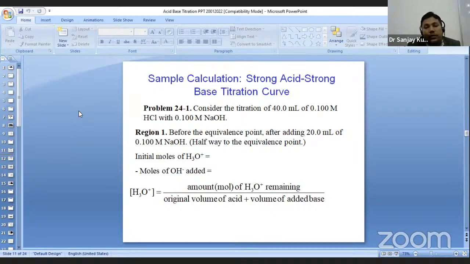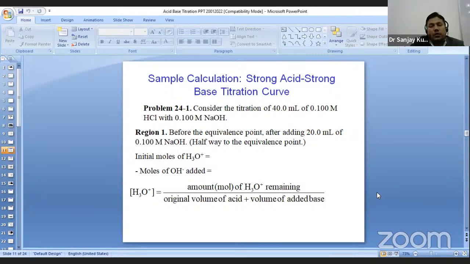So here we can go one by one, like strong acid, strong base, and conclude, and in the lab we can perform it. With the help of tables, with initial reading, final reading, and average, we can go for three readings, or five readings, depending on the performance.